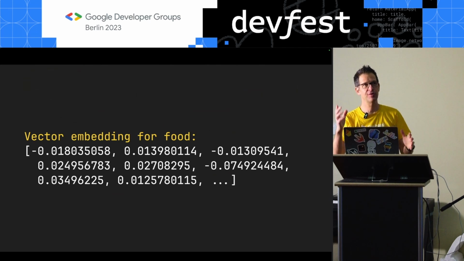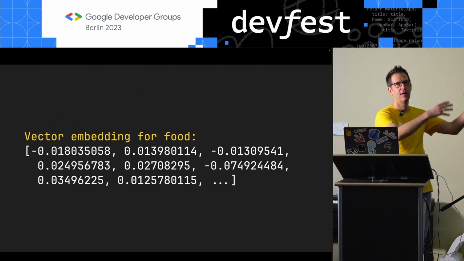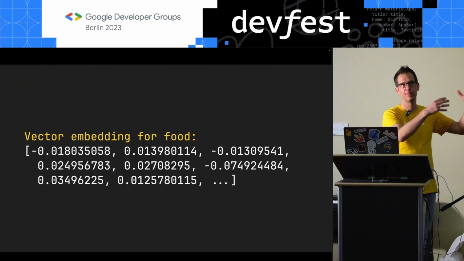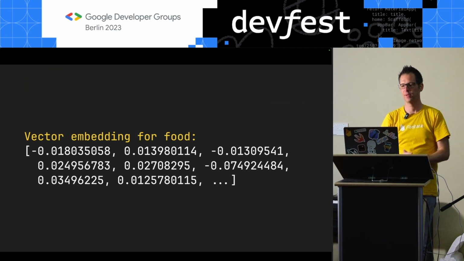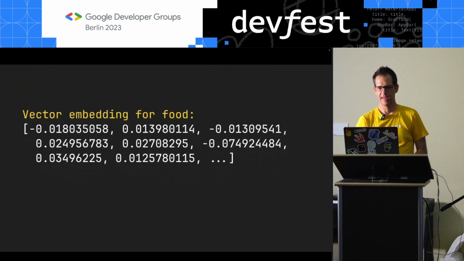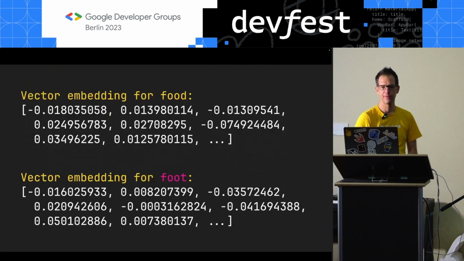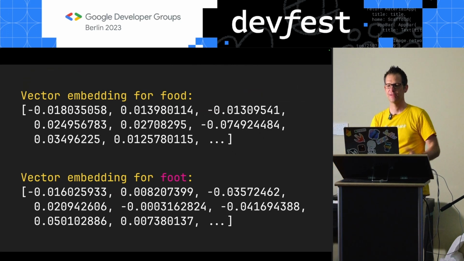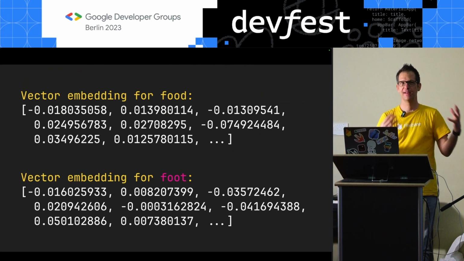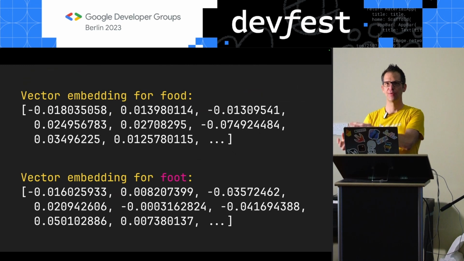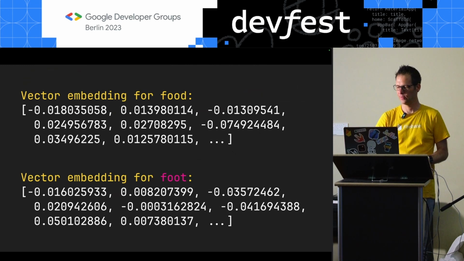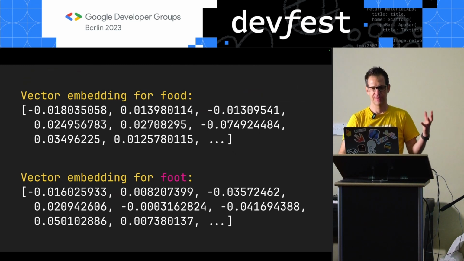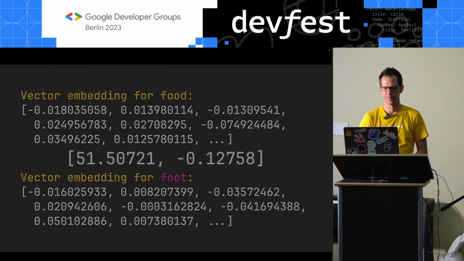So a vector embedding essentially is an array of floats between -1 and +1. And here is the vector embedding for foot. You don't even have to look closely. If you look at it, you'll see it's different. So for a computer, it's super obvious that those two words are different. And we can use that fact to then start reasoning about it.